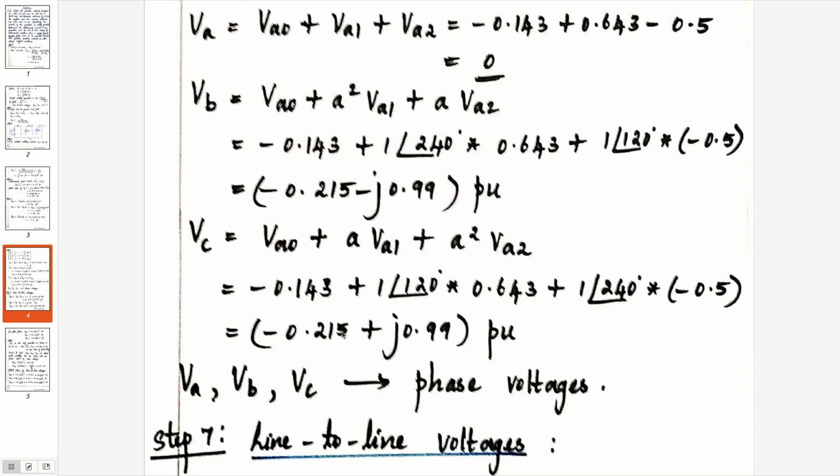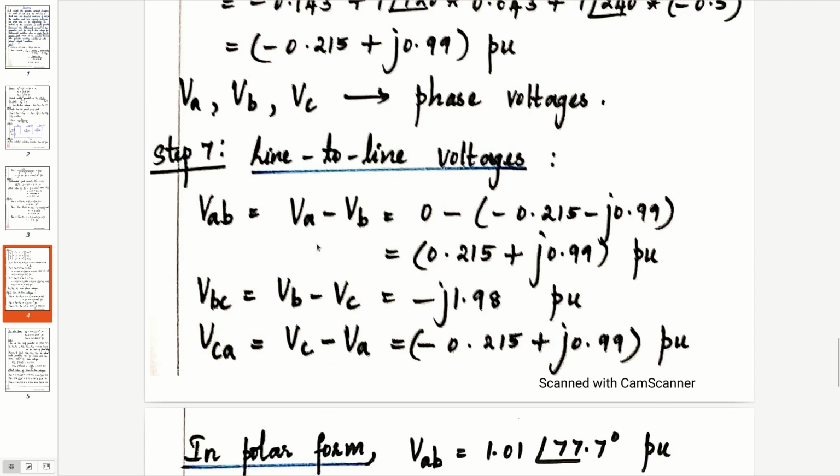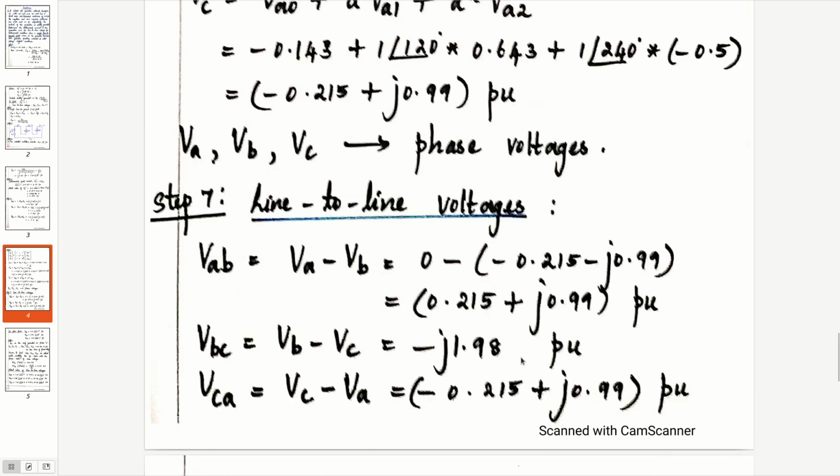Now the next step is to calculate the line to line voltages, which is asked in the problem. We know VAB is equal to VA minus VB, VBC is VB minus VC, and VCA is VC minus VA. So now we have the line to line voltages in per unit.